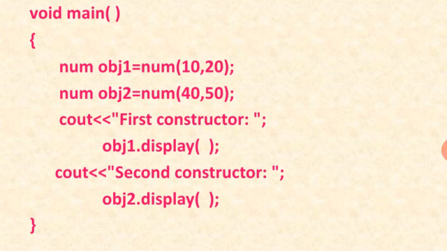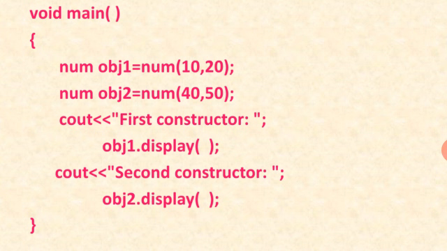In the next line I have created one more object obj2 of the class num and I have initialized the values 40 and 50. You can take any values, but non-fractional values, because I have defined them as integer values.